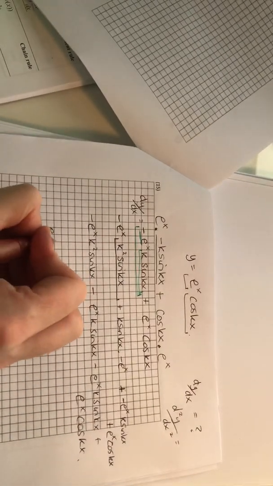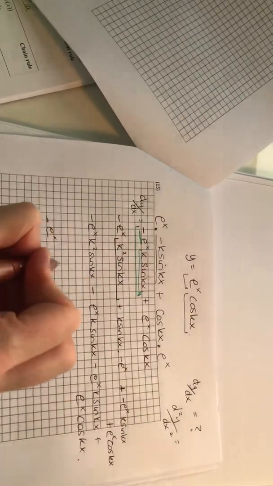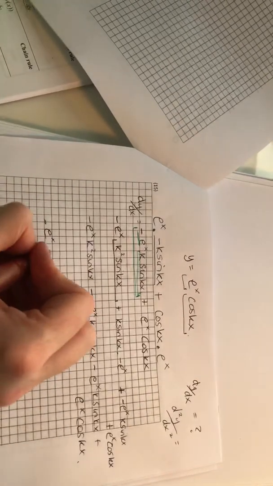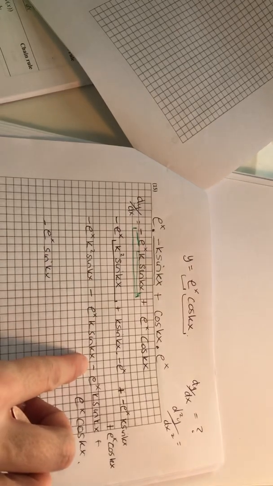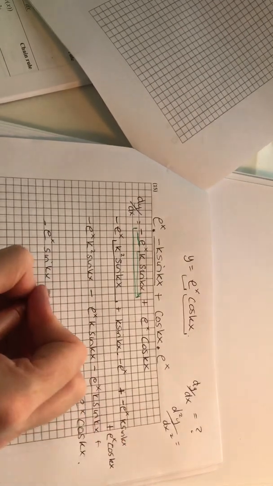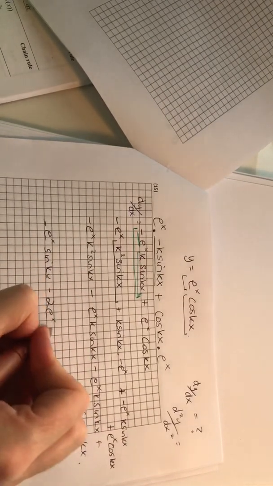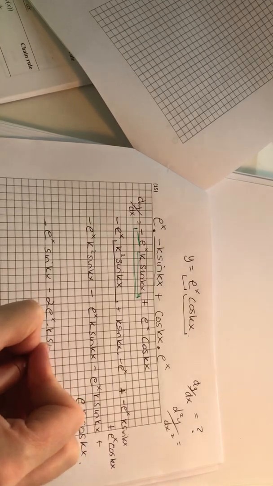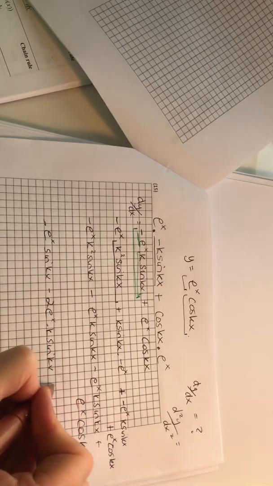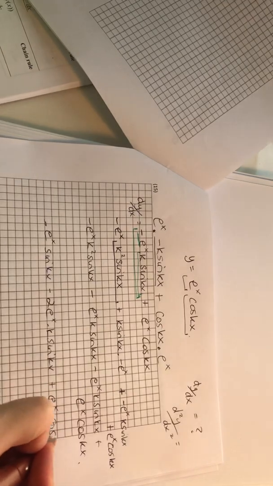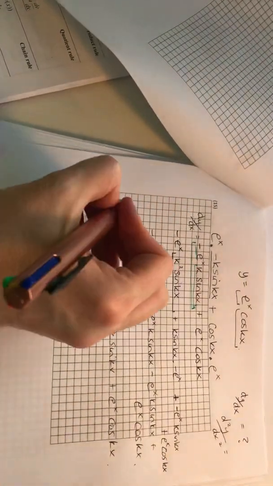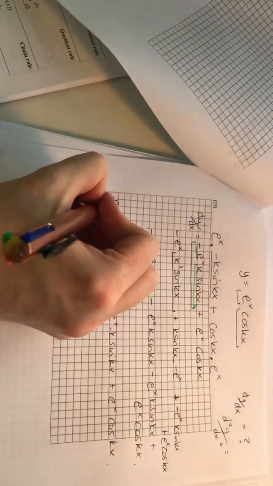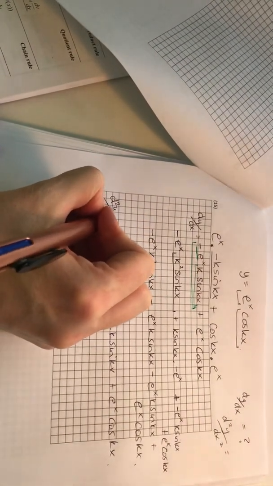So that's a minus e to the x sine kx. I'm down one of these, and I'll get another one, so minus 2 e to the x k sine kx plus e to the x cos kx. That's my second differentiation.